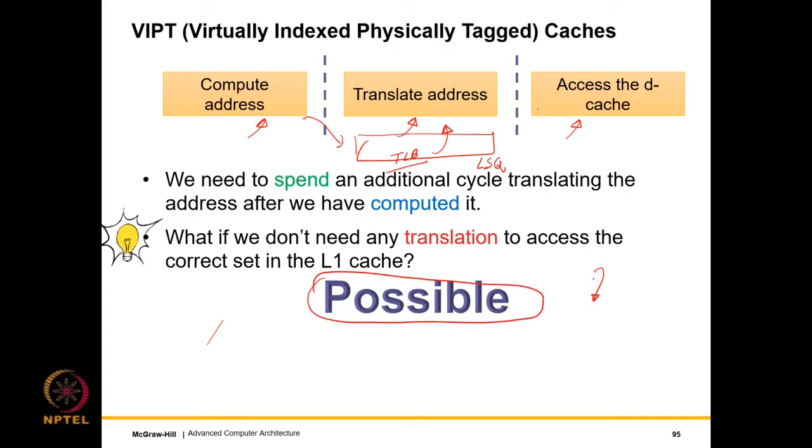The idea is that if there is a different thread or process that uses a different virtual address space, right? If it's using the same virtual address space, there is no problem. But we can always have a thread from a different process that has a different virtual address space. So unnecessarily, if we use a virtual address to access the cache, we'll get a wrong answer. So the overlap problem will come up.